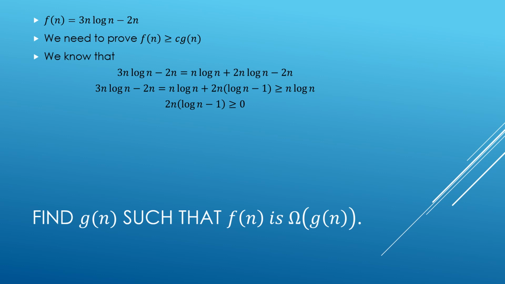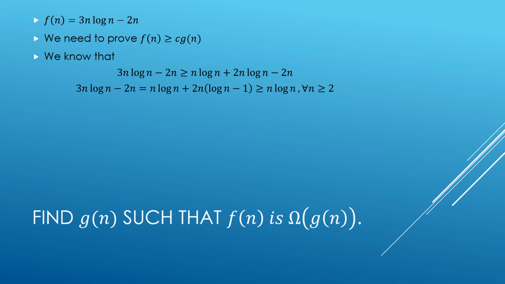This can happen when n is greater than or equal to 0 and log n minus 1 is greater than or equal to 0, which means log n is greater than or equal to 1, which means that n is greater than or equal to 2. Now, there is one condition n is greater than or equal to 0 and the other n is greater than or equal to 2. If I take the second condition, the first condition will also be satisfied.